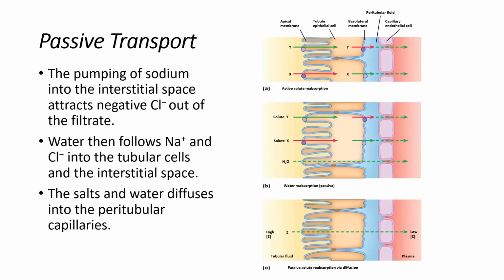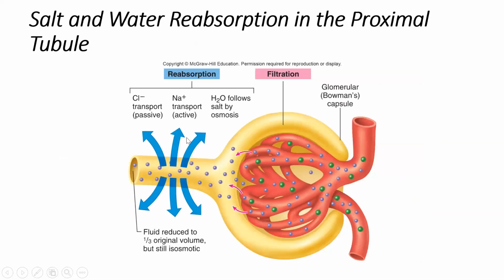Okay, so again, the whole basis of this is that we move solutes to create a gradient, and then water can passively move according to that gradient. And that is how we reabsorb both solutes and water. All right, so sodium is being actively transported, chloride is being passively transported, and then water can follow by osmosis. And that is what's happening in the proximal part of the tubule.